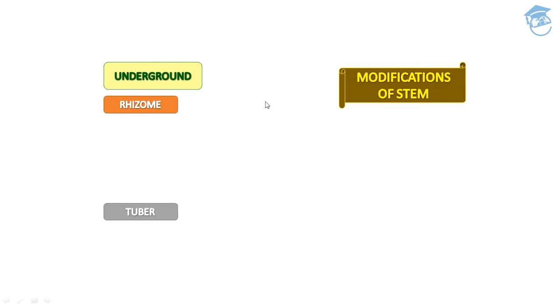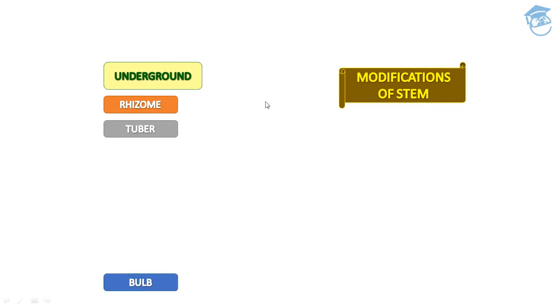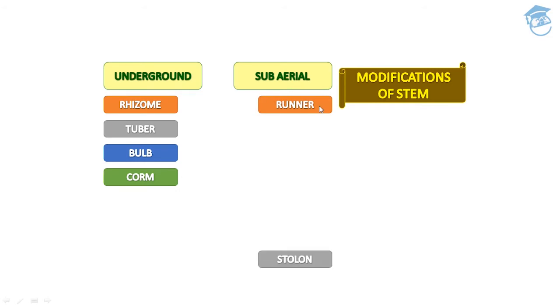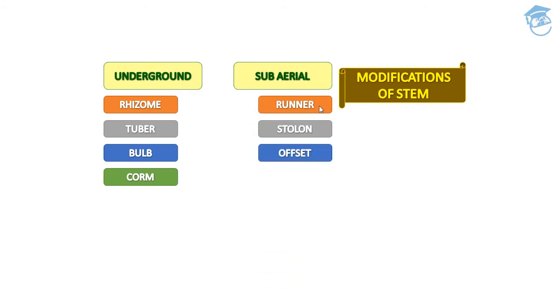Now, modification of stem. First is underground. Underground modifications are as follows: first is rhizome, second is tuber, third is bulb, and fourth is corm. Now let's talk about another modification of stem, and that is subaerial modification: runner, stolon, offset, and sucker.